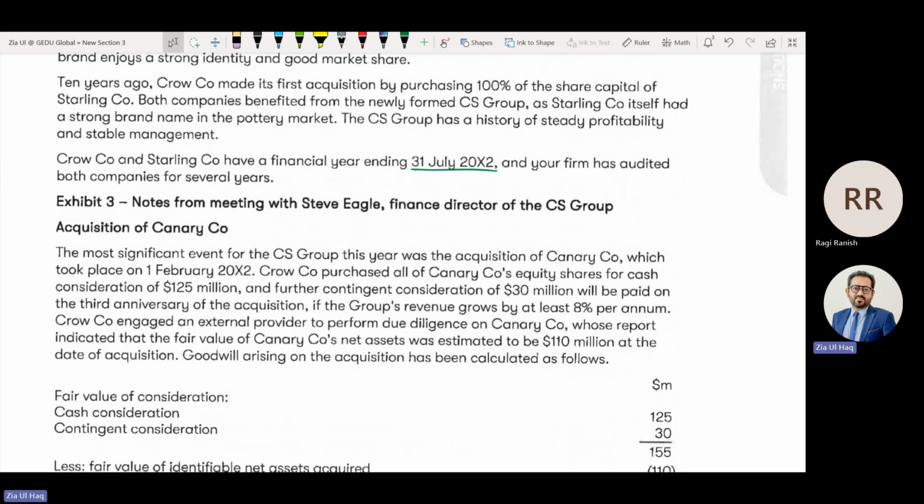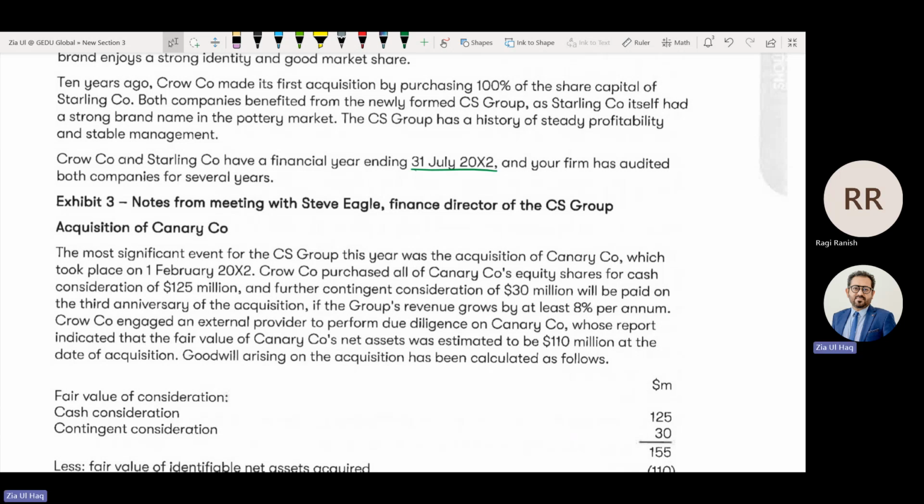Crow Company and Starling Company have a financial year ending 31st July 2022, and your firm has audited both companies for several years. But now we are going to audit Canary Company, that is going to be added in consolidation. Exhibit 3, notes from meeting with Steve Eagle, Finance Director of CS Group, acquisition of Canary Company.